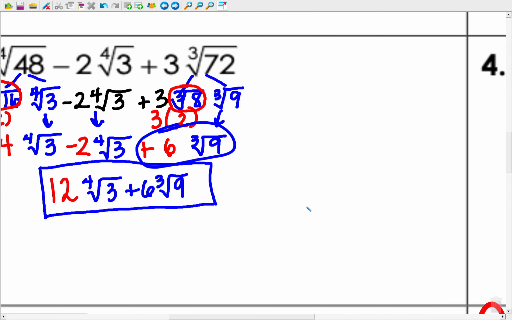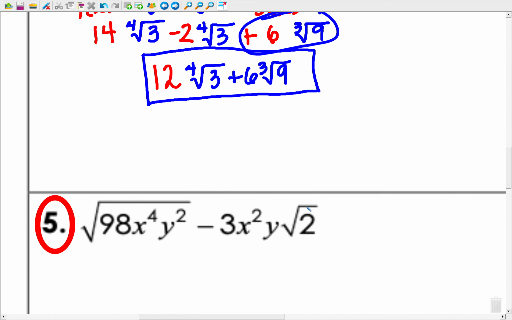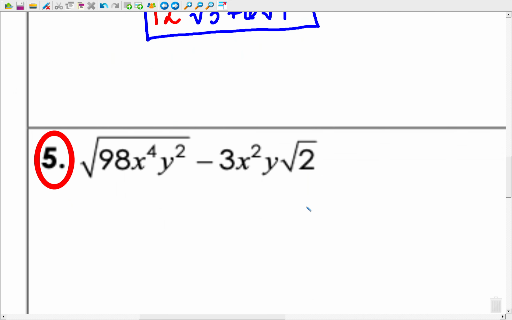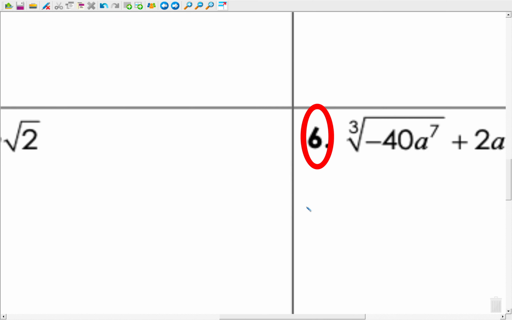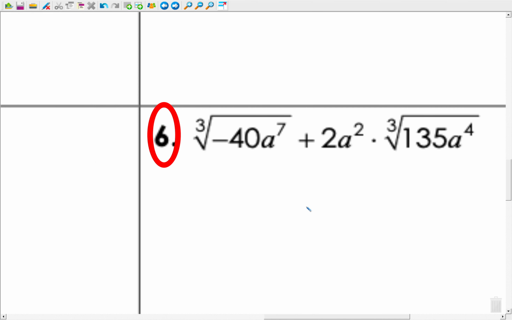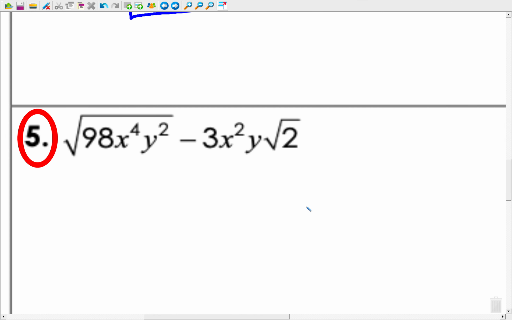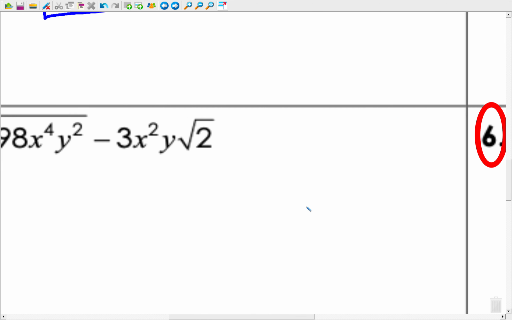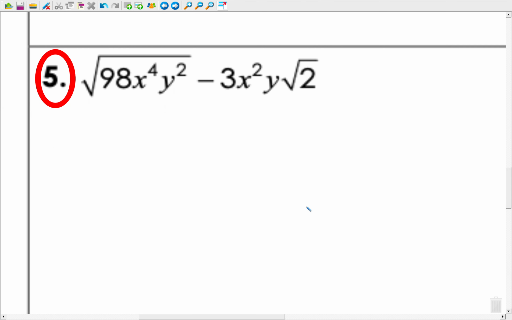Okay, we're not doing 4, so let's jump down to number 5. Let's see, we can do 5 or 6. Let's do number 5 because I like the variables on that one.